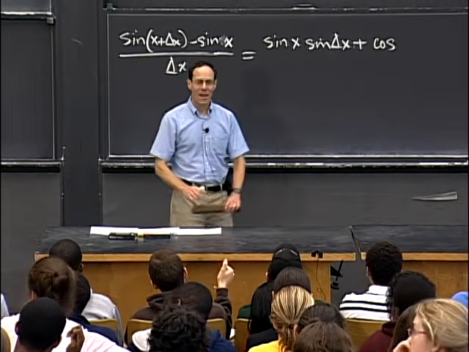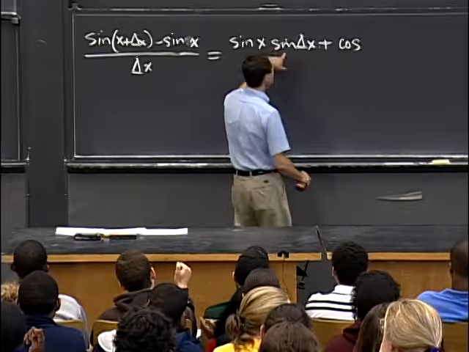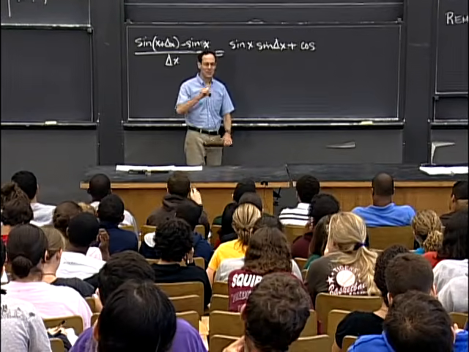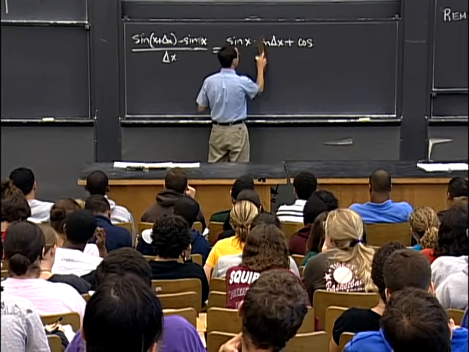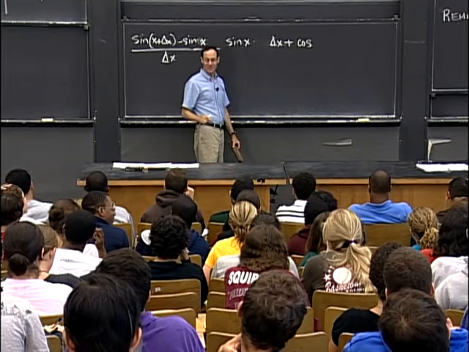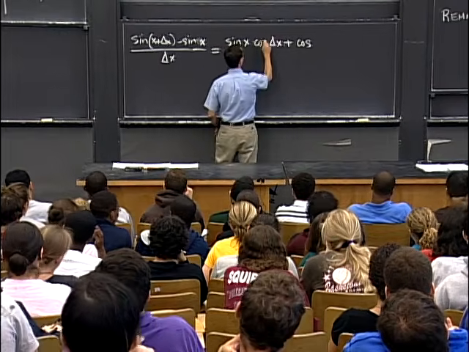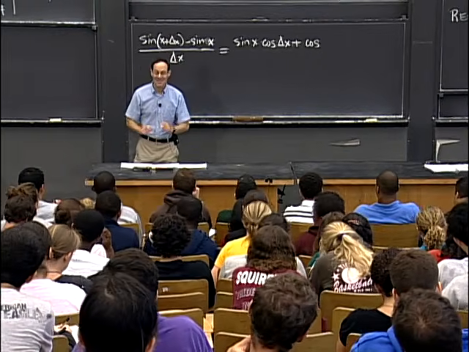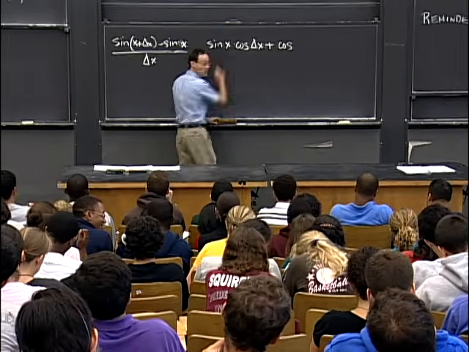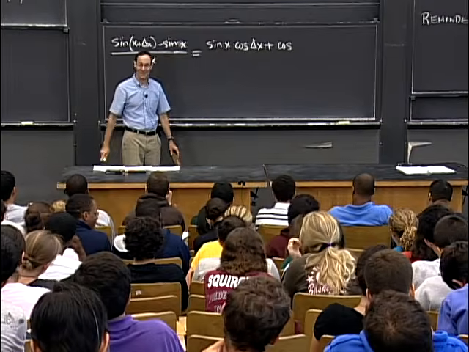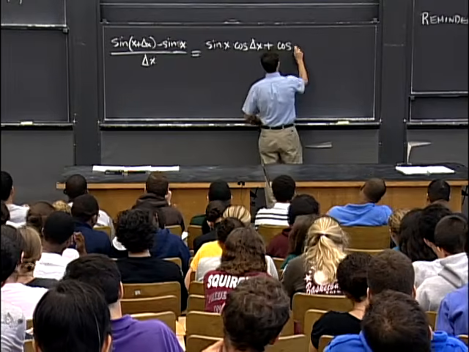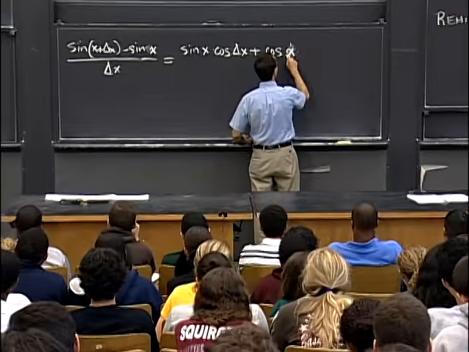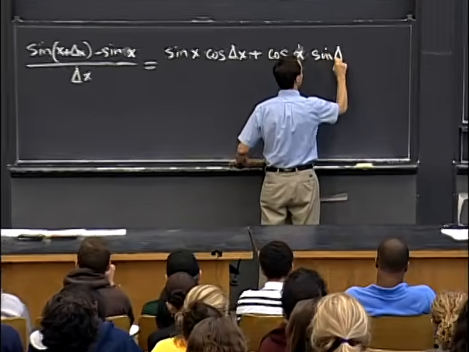Let's take a vote. Is it sine sine or is it sine cosine? All right, you better remember these formulas. It turns out that it's sine cosine, cosine sine. So here we go. No, you've got to do x here, sine delta x.